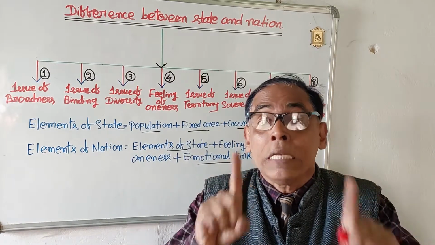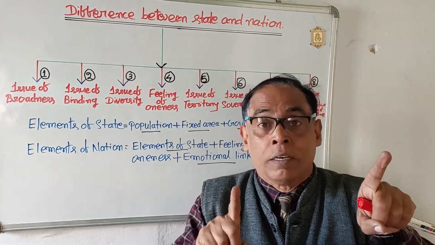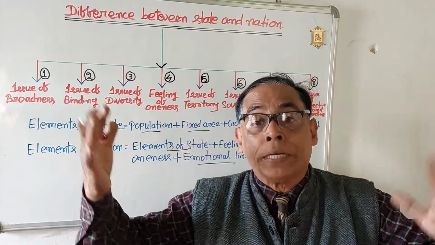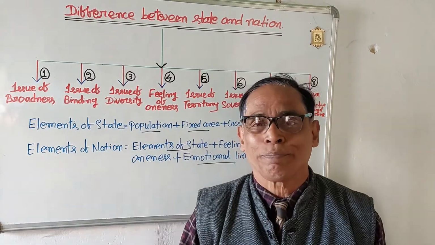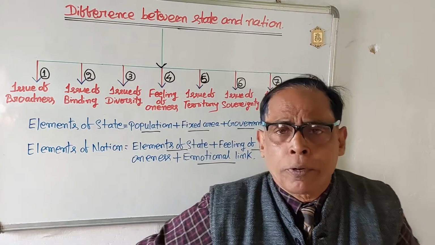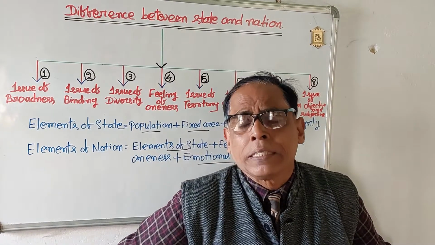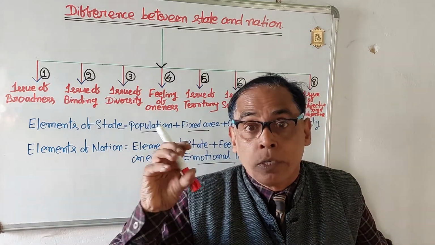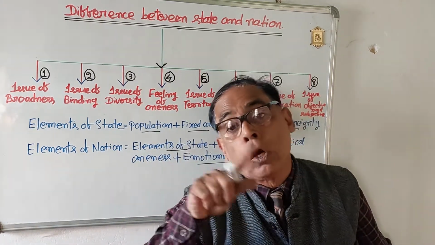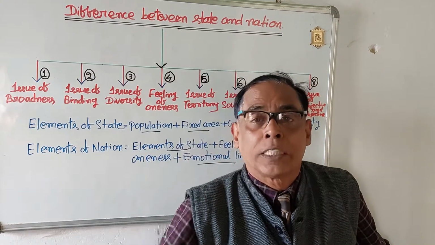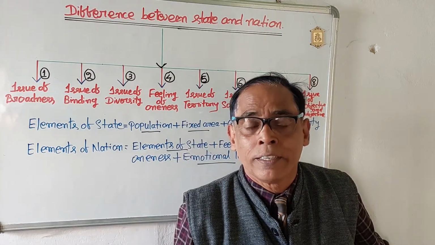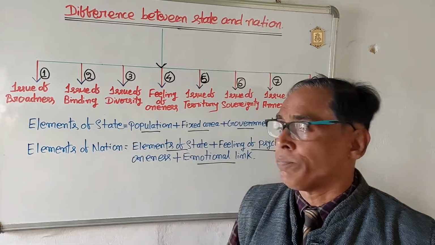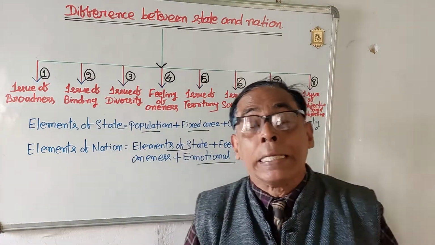So in comparison to state, nation is a broad term. It has wide application. So the first difference is that a state in comparison to a nation is a narrow concept, and a nation in comparison to a state is a broad concept. Okay viewers, I think you are clear. Very good. Now we will proceed to the second point, the issue of bindingness.